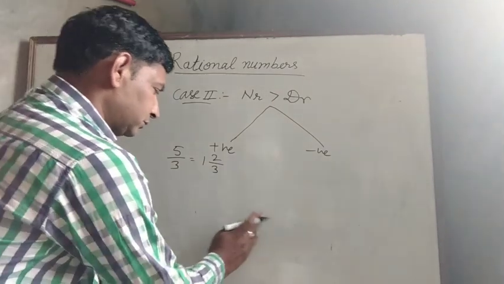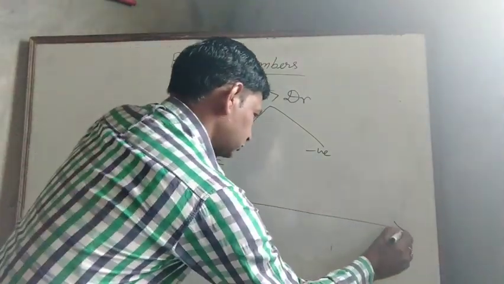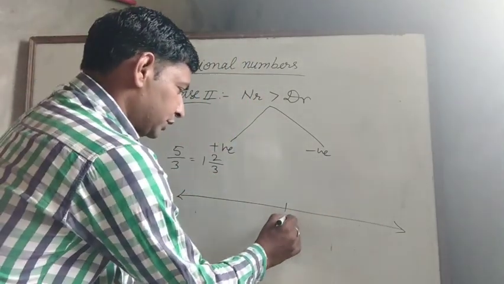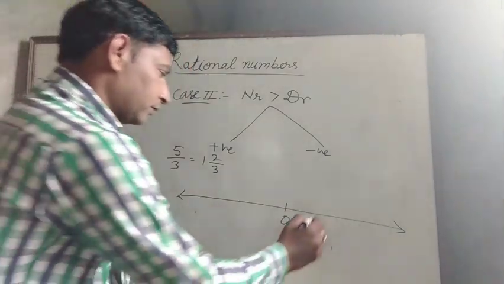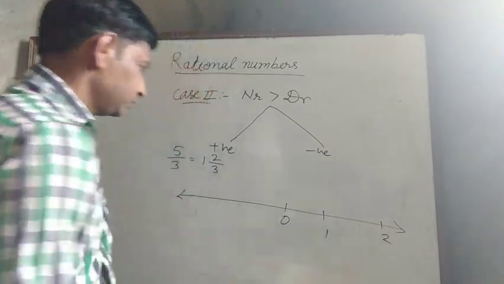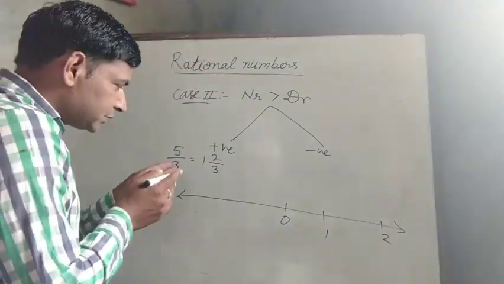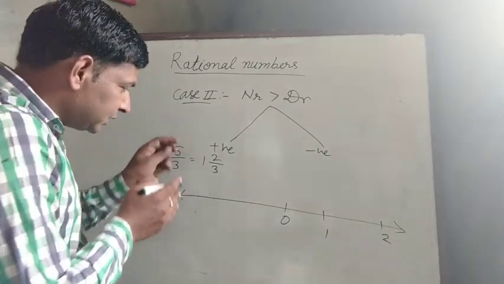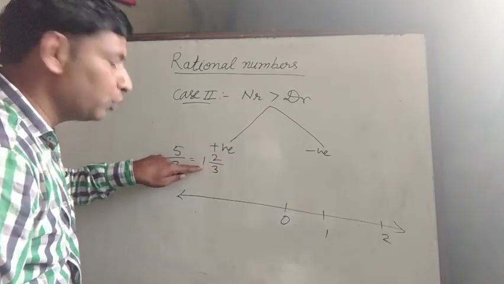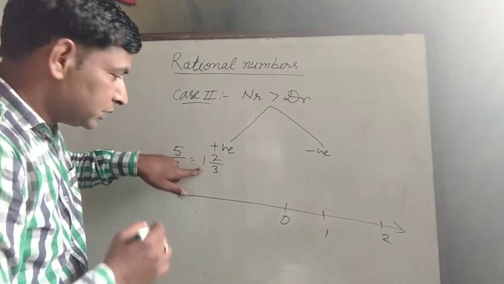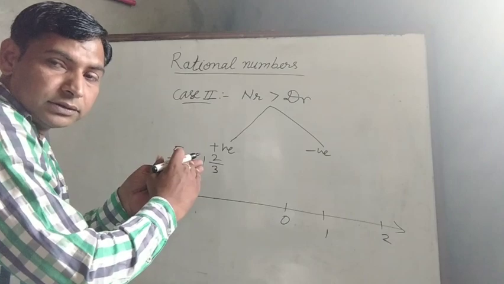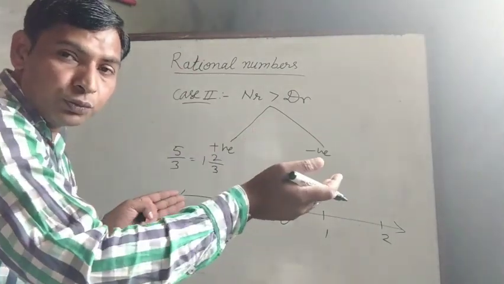Now see this number line. 0, 1, 2. In this case, we see only this one whole number, it is 1. Then after 1 is 2.